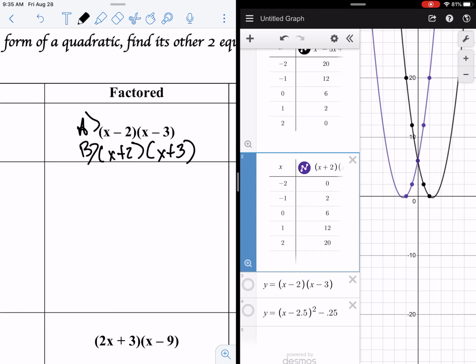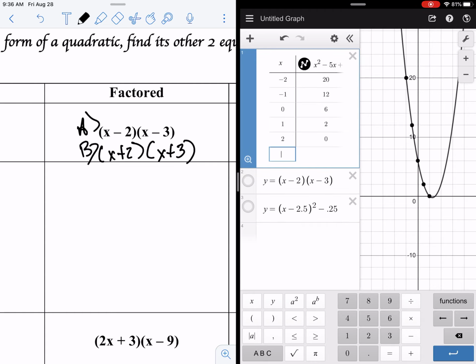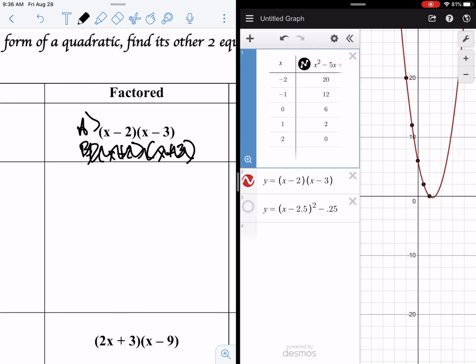So when x is negative 2, my y value needs to be 0. Well, in my original, when x was negative 2, y was 20. If you have 1 point that is not the same, then it's not an equivalent form. You just get rid of it. So the x plus 2 piece was not right.